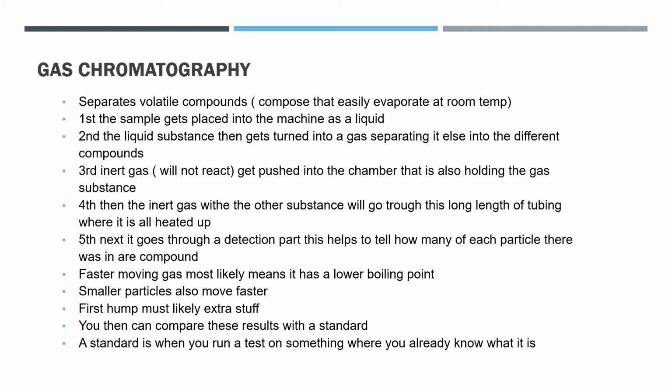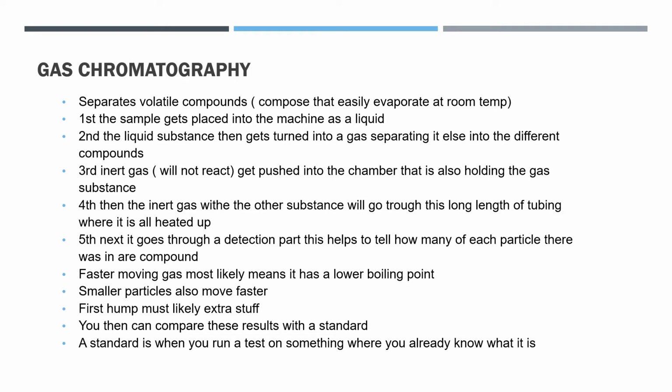Inert gas that doesn't react with any of the substances within the main substance gets pushed into the chamber to propel the rest of the gas through a tubing. This is normally a really long tubing that will start heating up the different components. Next, it will go through a detection part that helps tell us how many particles there were and what compound they were.